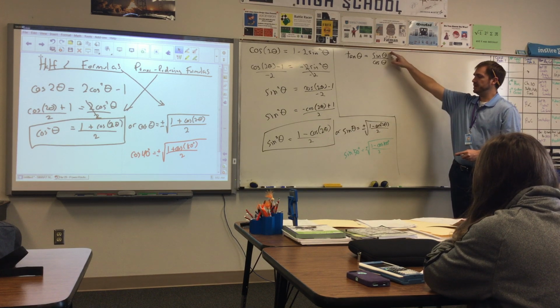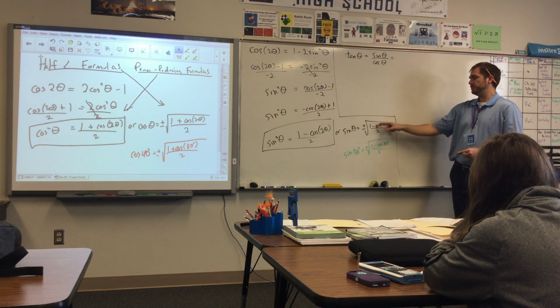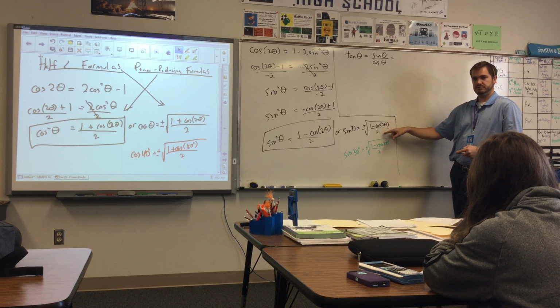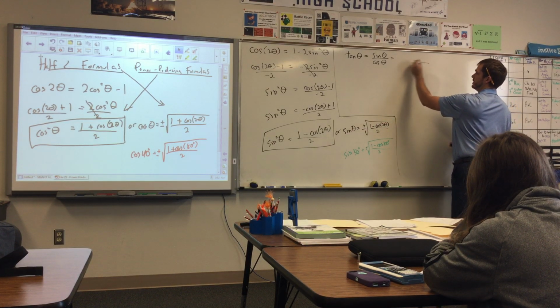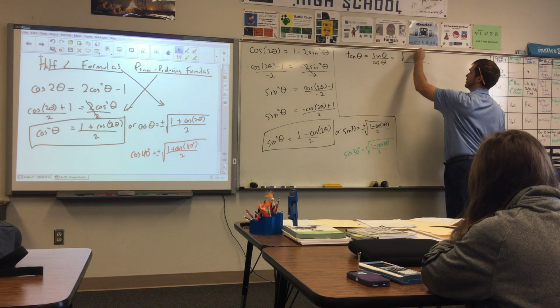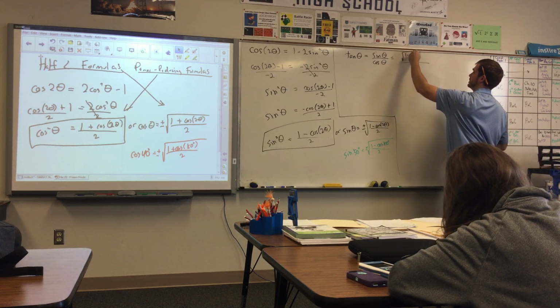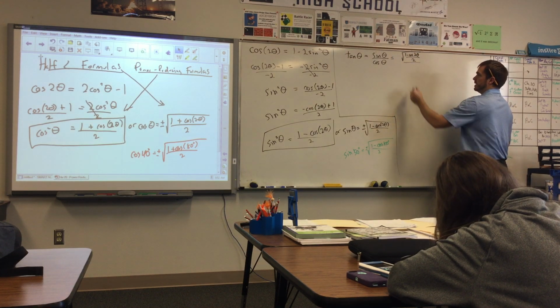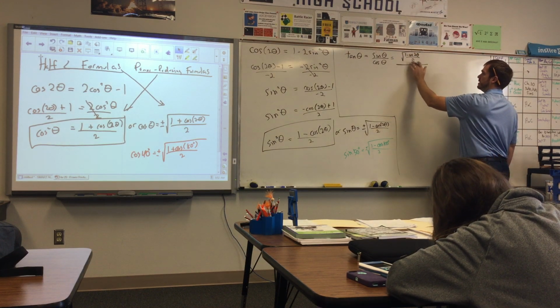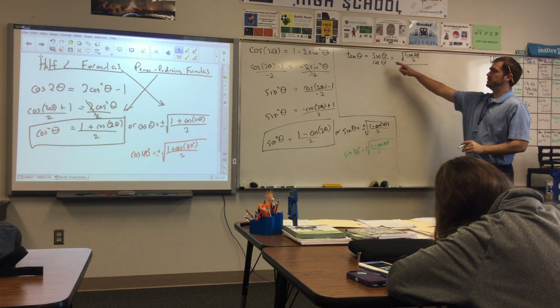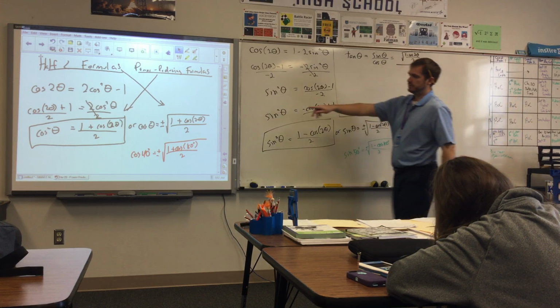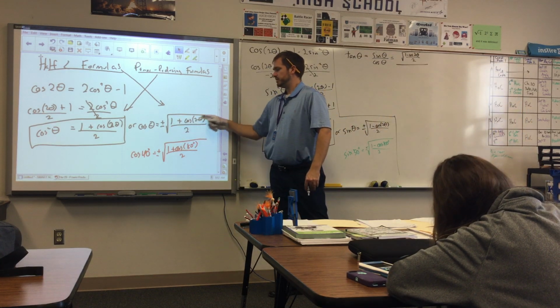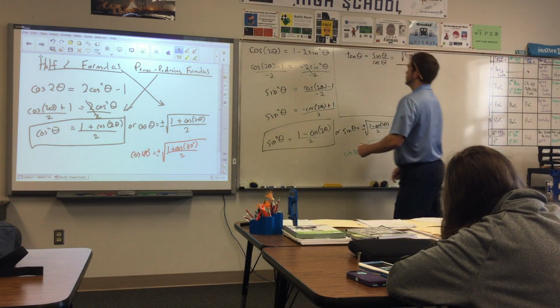So instead of sine, I'm going to write the square root of 1 minus cosine 2 theta over 2. Instead of writing cosine, I'm going to write the square root of 1 plus cosine 2 theta over 2.